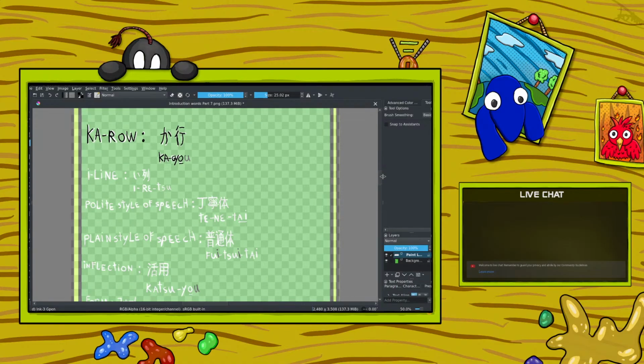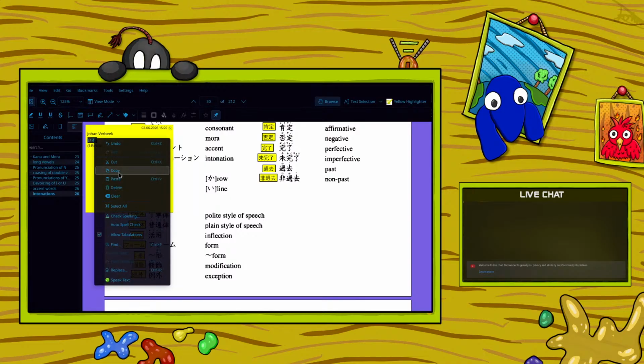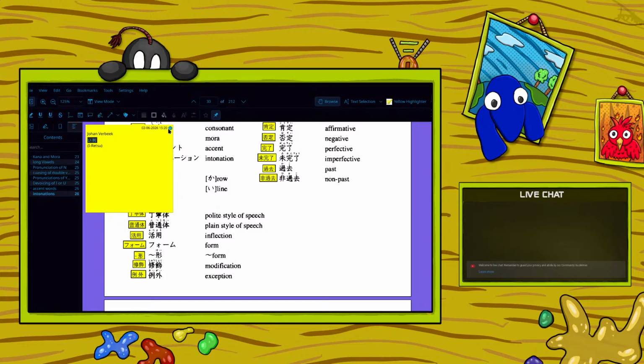Alright, then we have the I line, and that means that we are dealing with I retsu, retsu. So that is indeed a thing. So now we're dealing with the I line. I retsu. Because the su is still spoken out in this one, because it's not iretsu but iretsu. Well, desu, that one it actually is just des.